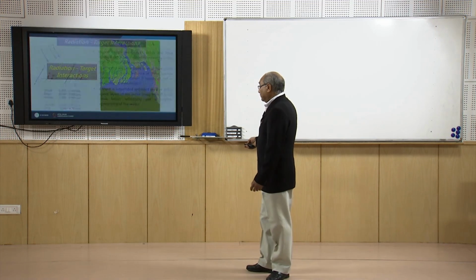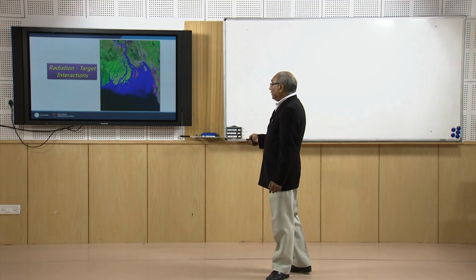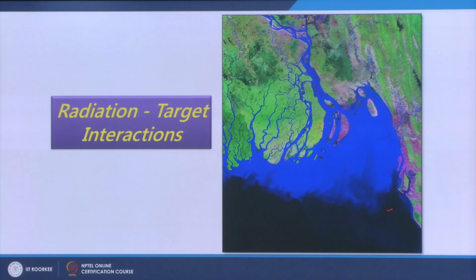This example is shown here, and this is the delta, where the Ganges and Brahmaputra are coming in, the Sundarban delta, and they are bringing sediments and mixing with the Bay of Bengal.